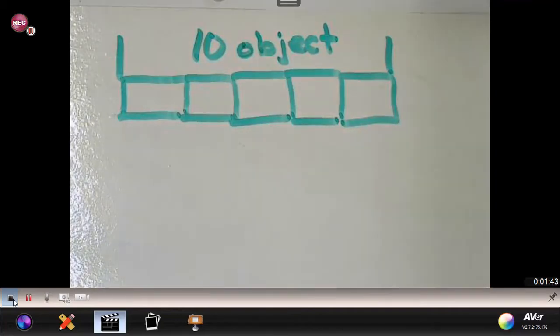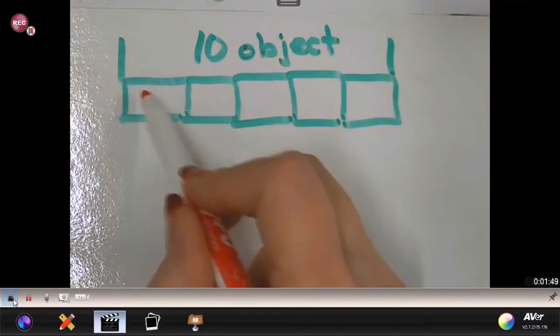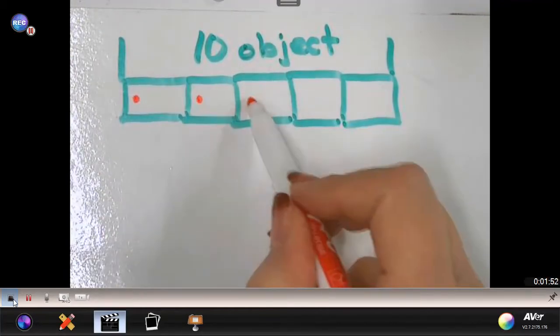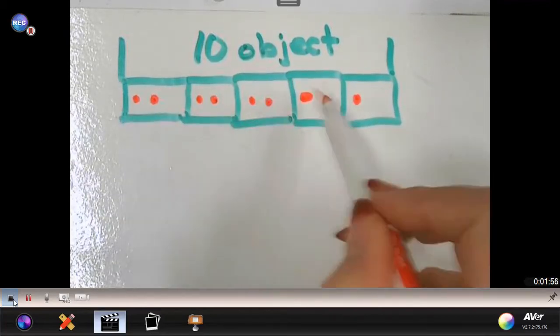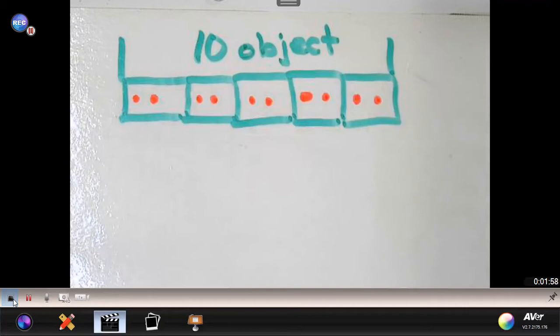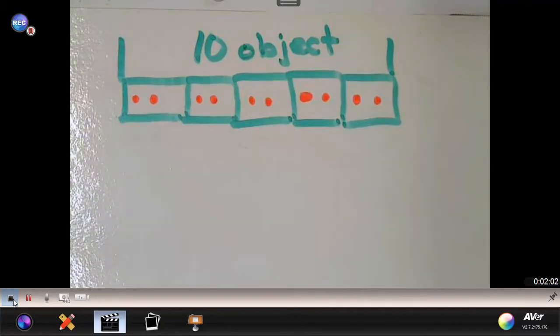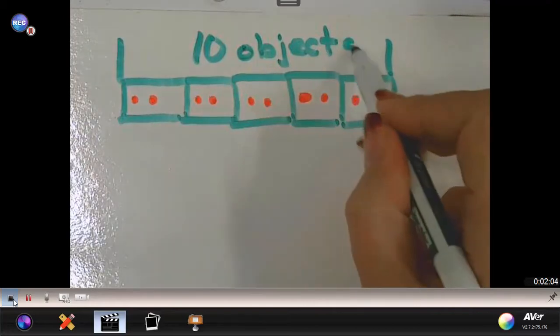So, if I start placing objects into the groups and share those 10 objects equally, I have 1, 2, 3, 4, 5, 6, 7, 8, 9, and 10. So there are my 10 objects, and I forgot to add an S to my objects.